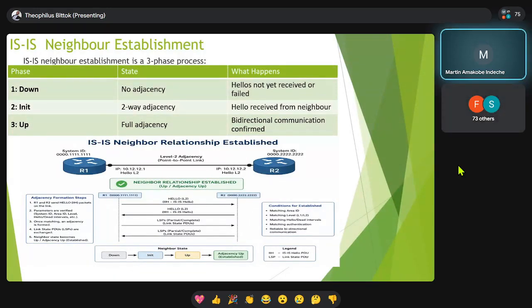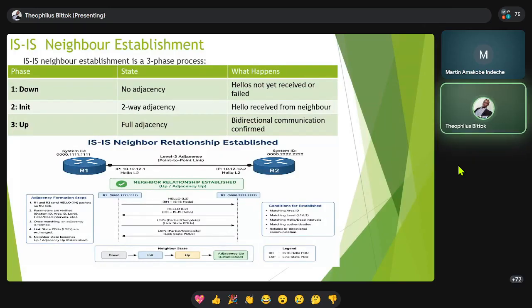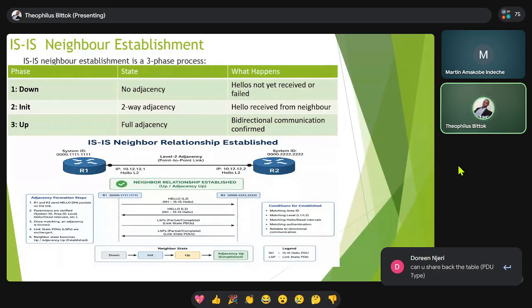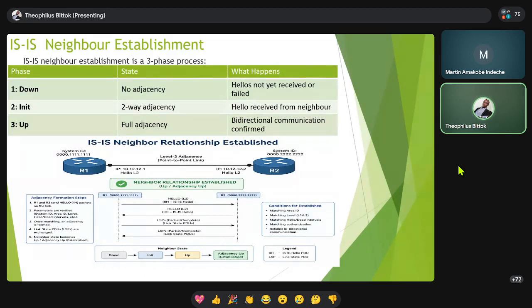For the down state, the hellos have not been received, but once the hellos are exchanged, it goes to initial. Finally, if we've exchanged the hellos and all the parameters are okay, and we exchange the LSDB, then we can say a full adjacency has been formed, and the phase will be up.